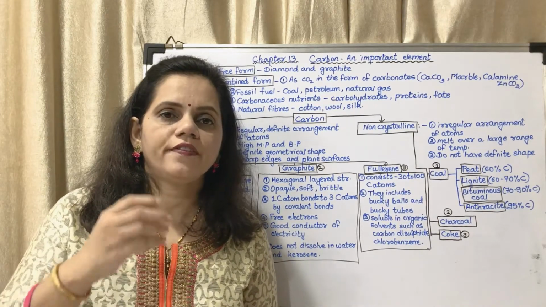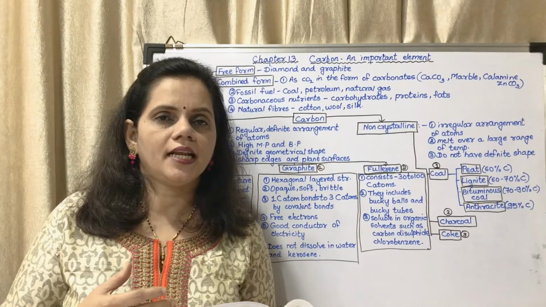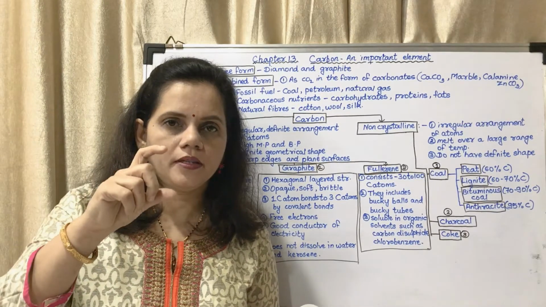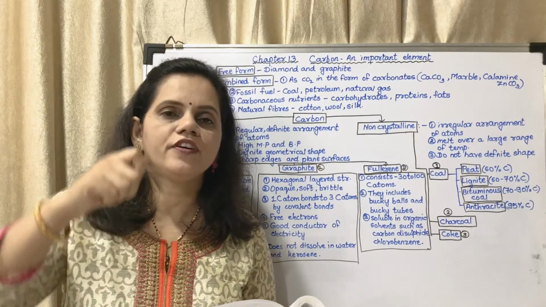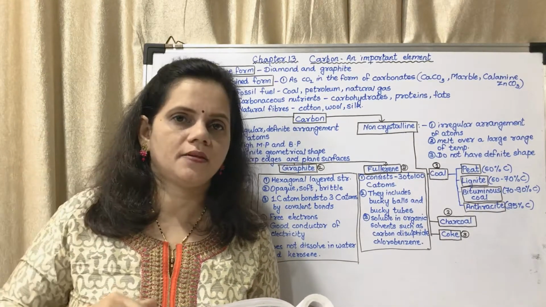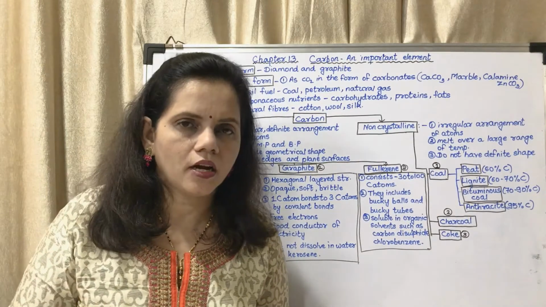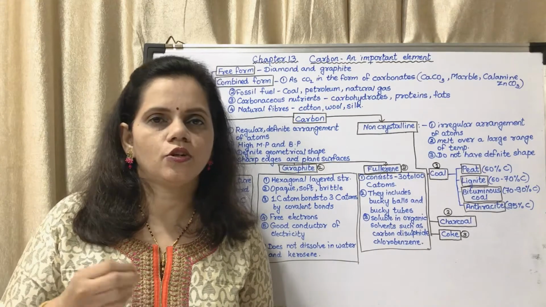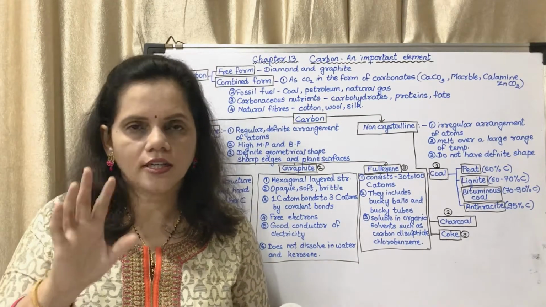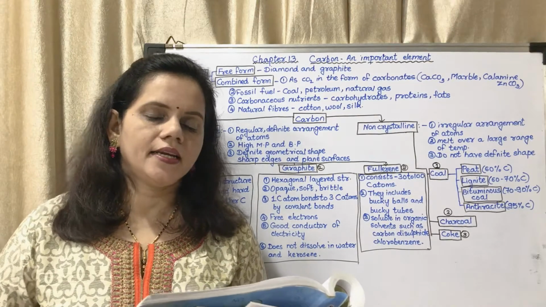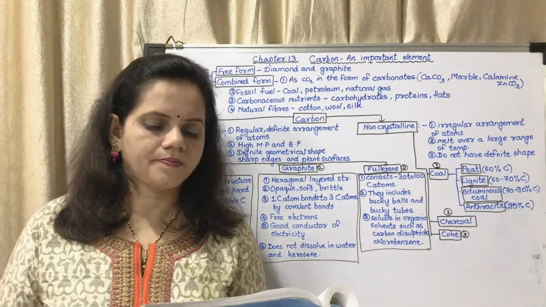For a simple example, if you take a candle flame and hold a spoon over it, you get a black colored substance below. That could be called soot. It is a simple example. Now fullerenes could be found not in that soot but in sooty particles and in interstellar space.